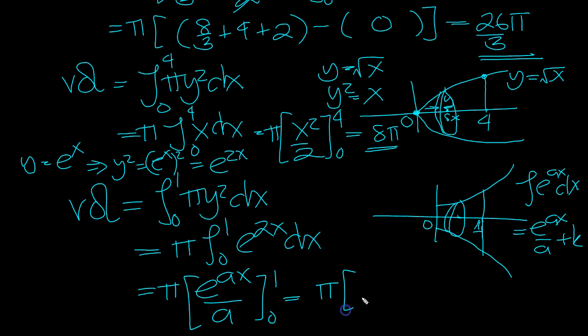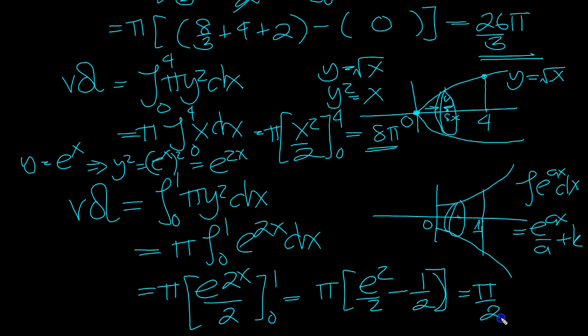Pi, put 1 in, e to the ax, what's the value of a? It's 2, isn't it, in our case? Let's put 2 in for a, over 2. Put 1 in then, the top value: e to the 2 over 2, e squared over 2, minus, put 0 in, e to the 0 is 1, so you get half. So you end up with pi over 2, take the 2 out, and you get e squared minus 1.